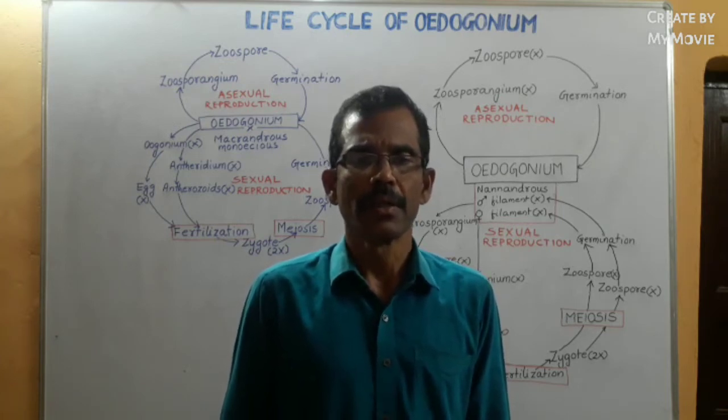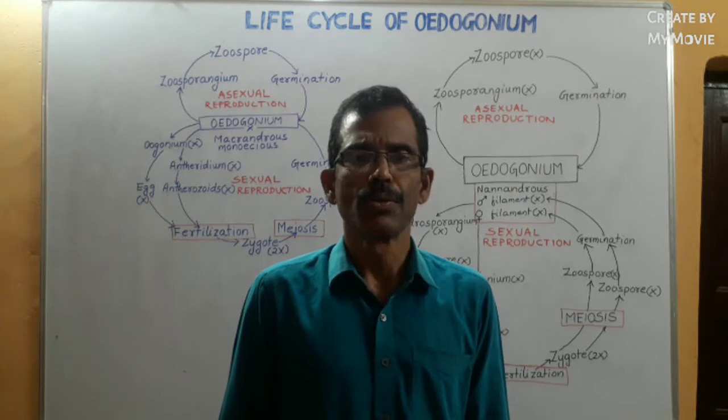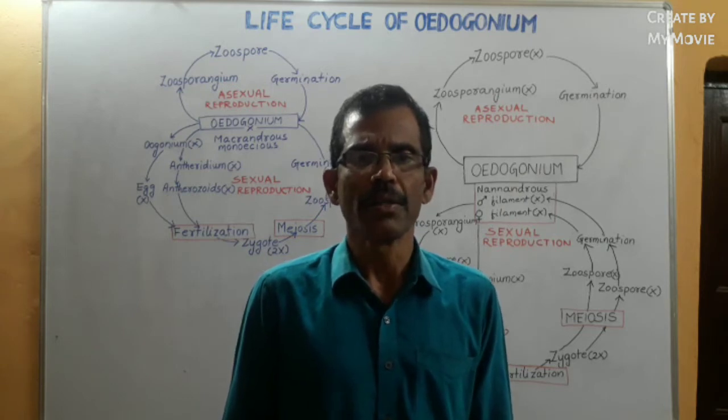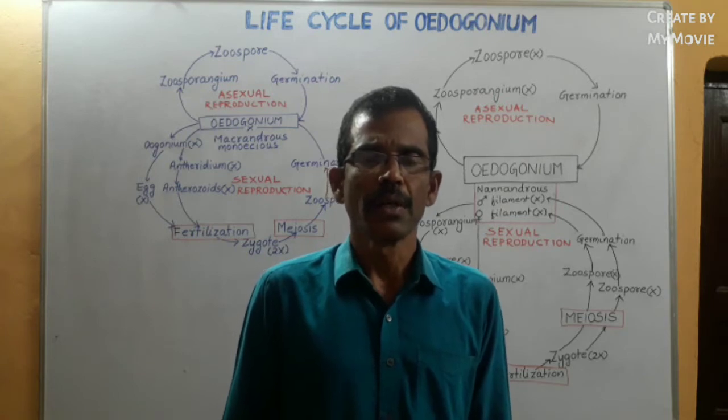Next is Nannandrous species. The Nannandrous species can be divided into two different groups. One is Gynandrosporous species, the other is Idioandrosporous species.